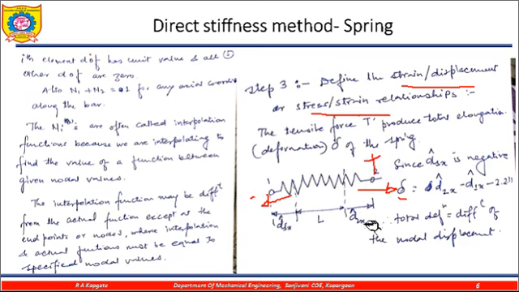It means that d2x is positive and d1x is negative. So delta is equal to d2x minus d1x, the total deformation, the difference between the nodal displacements.